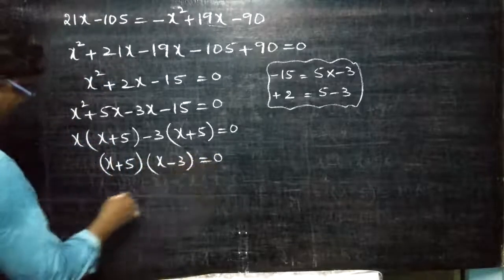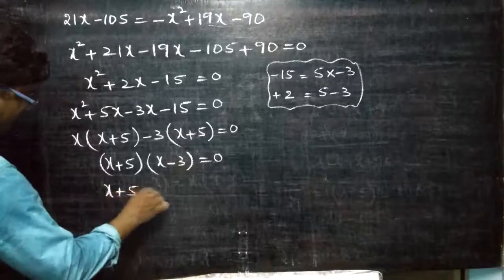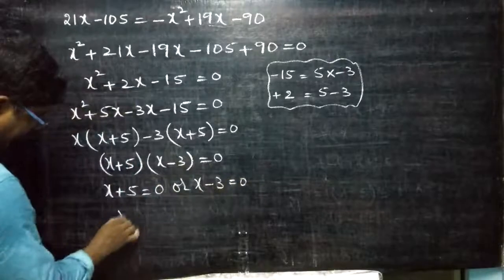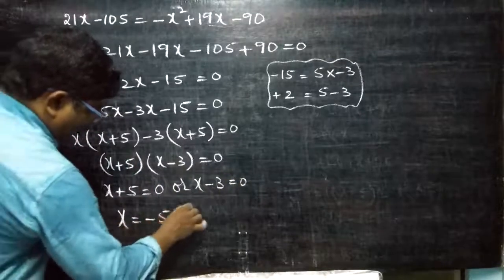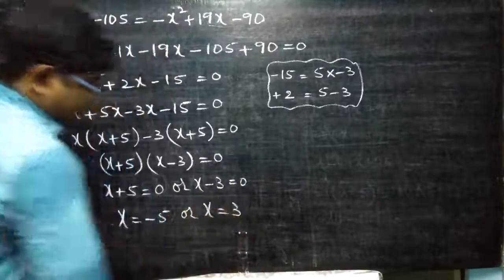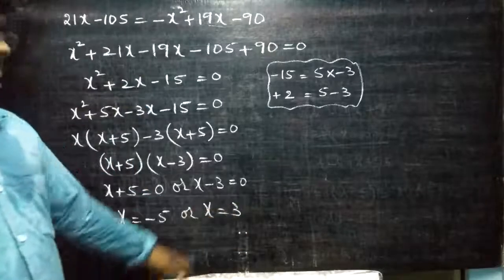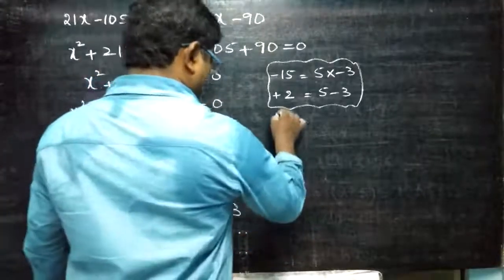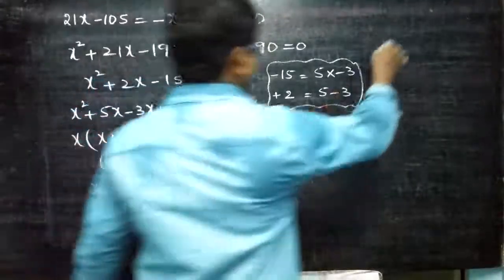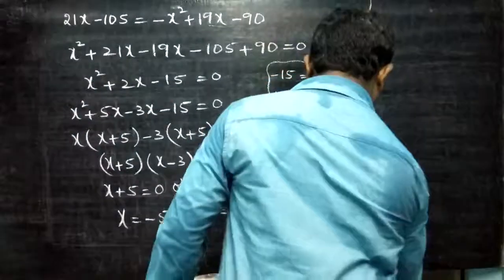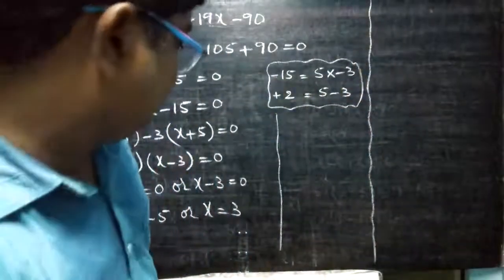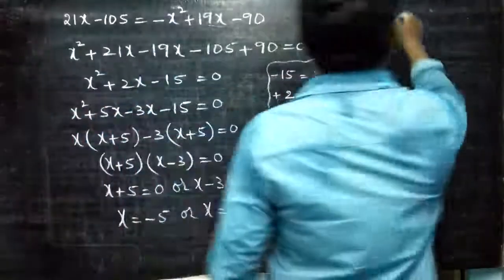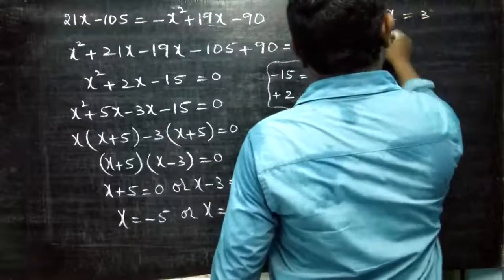When will it be equal to 0? Either x plus 5 is equal to 0 or x minus 3 is equal to 0. x is equal to minus 5 or x is equal to 3. Always we take positive rather than negative, since they told us it is a fraction. Now we have to write the fraction. x we are taking as 3.